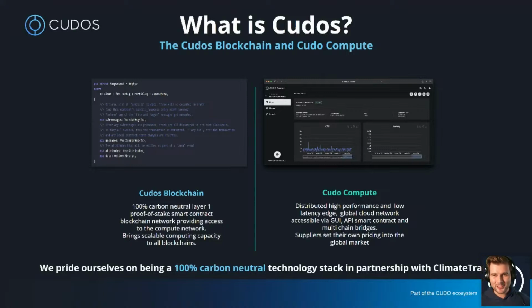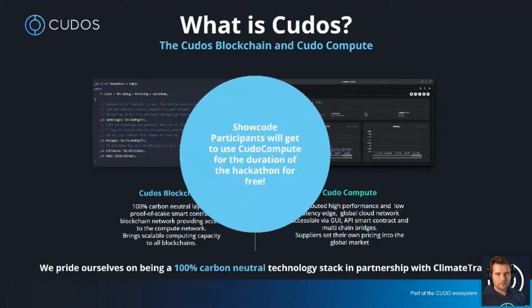And so we're pretty excited about the Kudo Compute platform and the Cudos blockchain. The Kudo Compute platform went live about a month and a half ago, so we're still pretty new with that. But really cool news, all of you participants will be getting some free compute instance, small instance, to run your front ends on during this hackathon, during this blockchain development program.